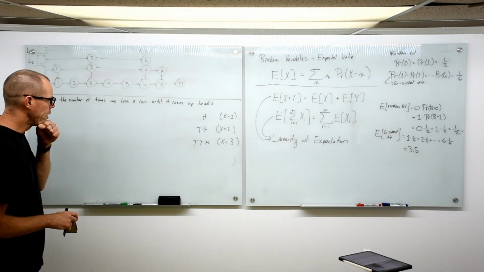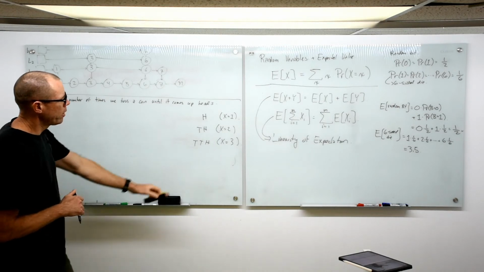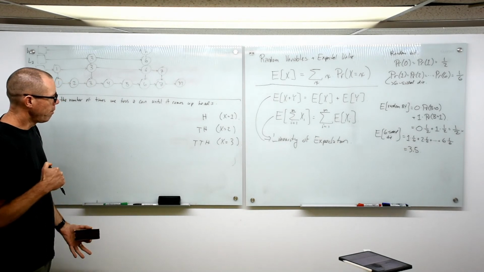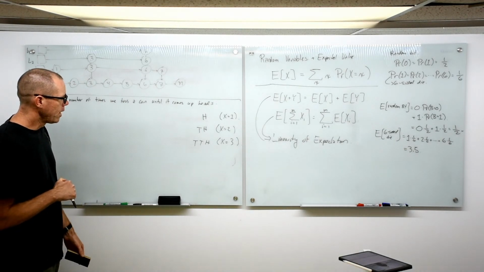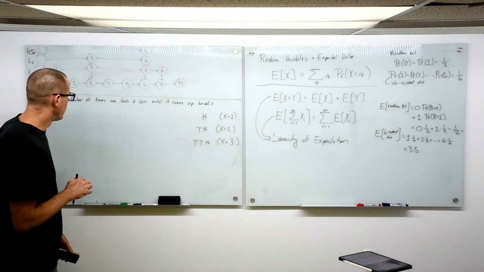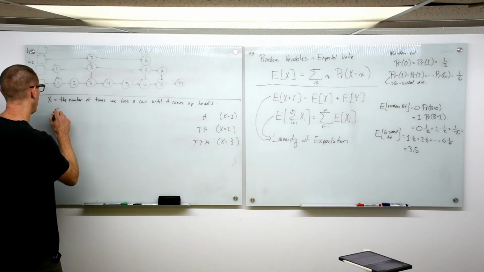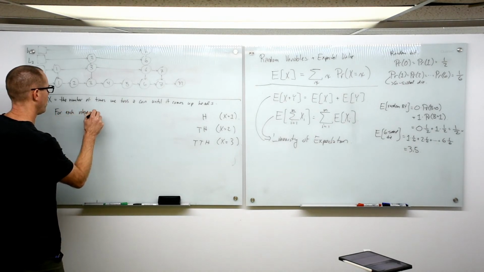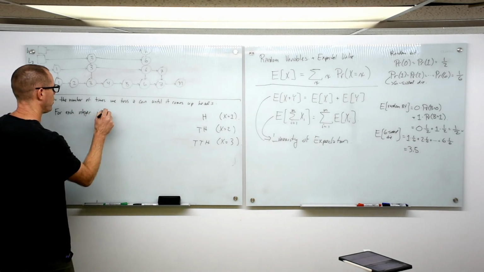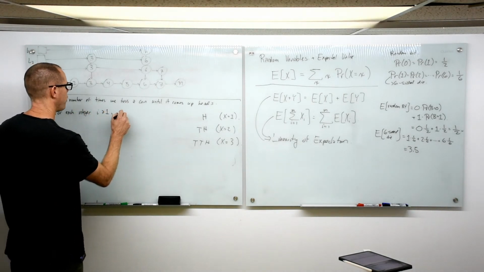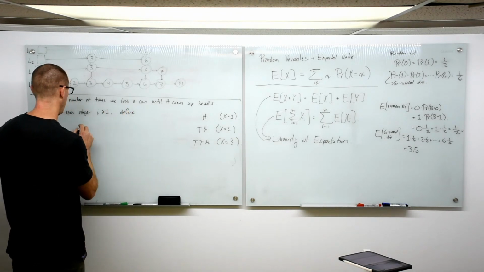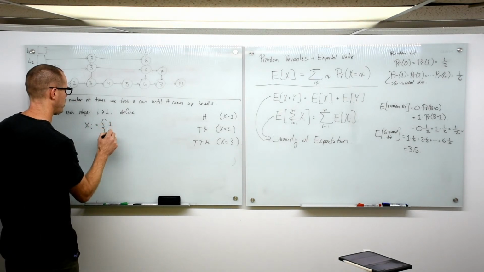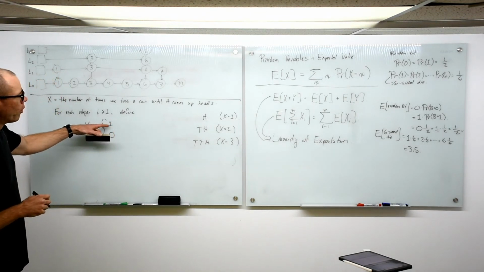Let's think about this for a minute, and I'm going to use linearity of expectation to make this problem easier. And here's what I'll do. For each integer i bigger than or equal to 1, we'll define this variable xi, which is either going to be equal to 1 or 0.